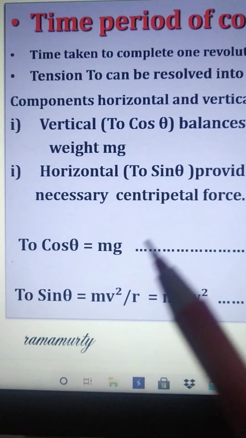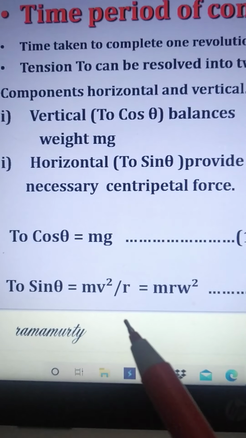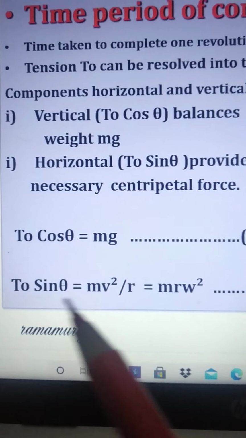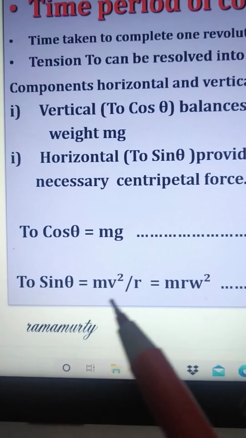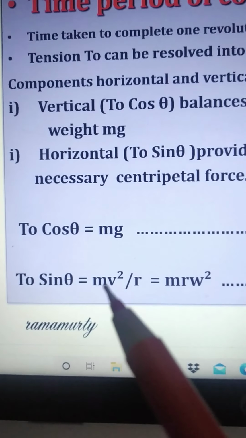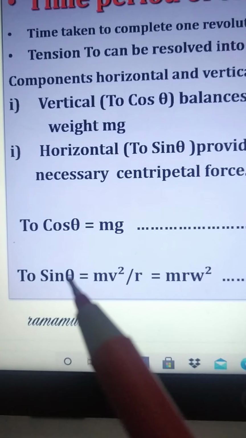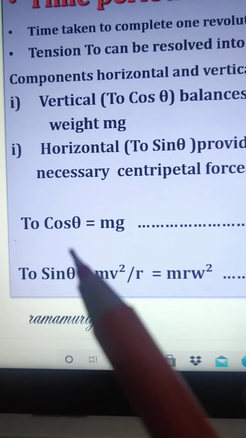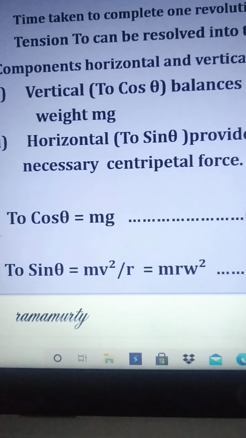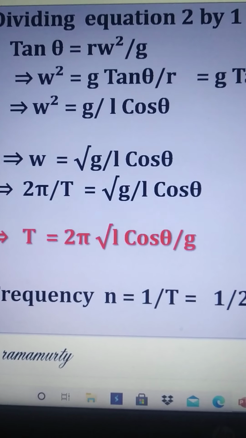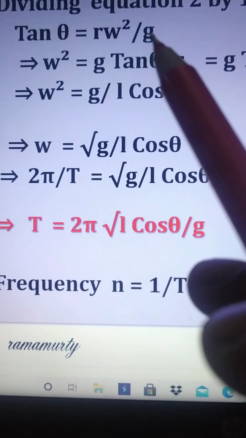Dividing equation 2 by 1, we get T0 sin theta upon T0 cos theta is equal to mv square r upon mg. Here T0 cancels out, and sin theta upon cos theta is equal to tan theta. The m cancels out, and we get v square upon rg. So we get tan theta is equal to r omega square upon g.